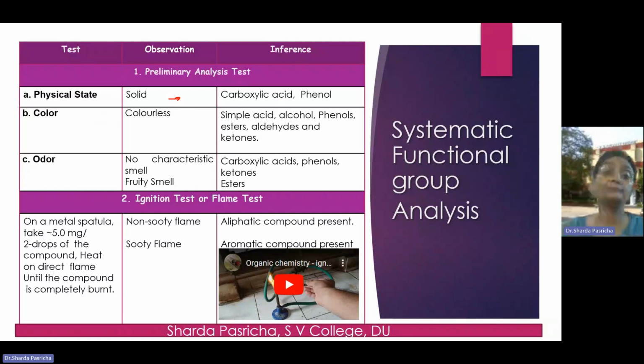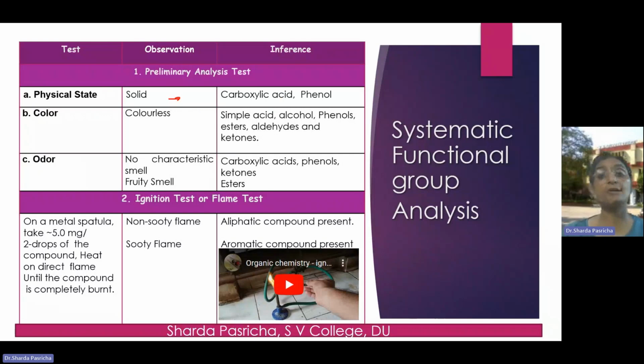Don't poke your nose inside the test tube. Certain compounds have very characteristic smell. For example, esters have a fruity smell. Okay. Benzaldehyde has the smell of bitter almonds. Cinnamaldehyde has a smell of cinnamon. But there are certain other compounds which will have no characteristic smell. So please keep recording these things as you go along doing the preliminary test.